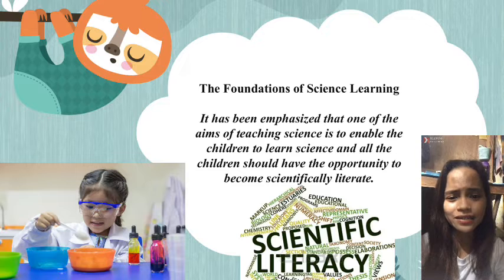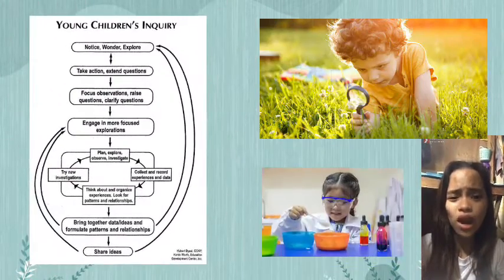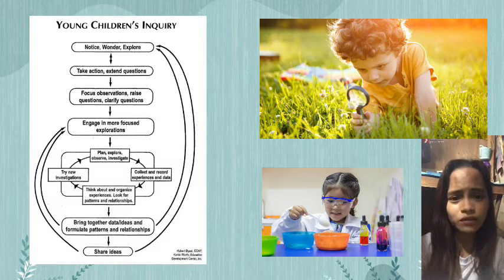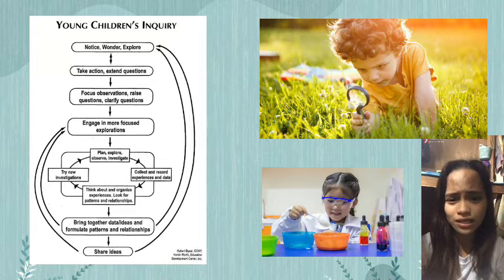It has been emphasized that one of the aims of teaching science is to enable learners to learn science. All children should have an opportunity to become scientifically literate. For this to happen, children must have exposure and essential experiences of science, inquiry and exploration at an early age. Educators agree that preschool and primary level are the best venues to foster science as an active enterprise.